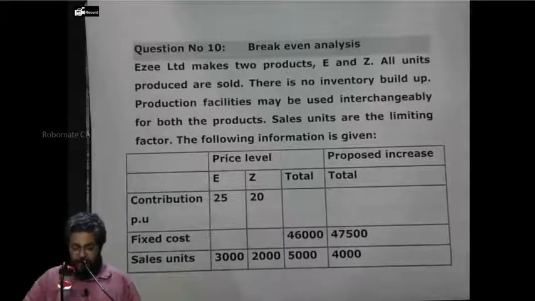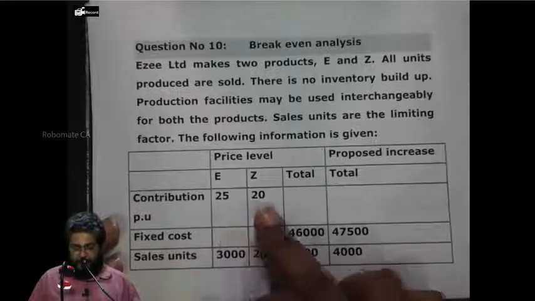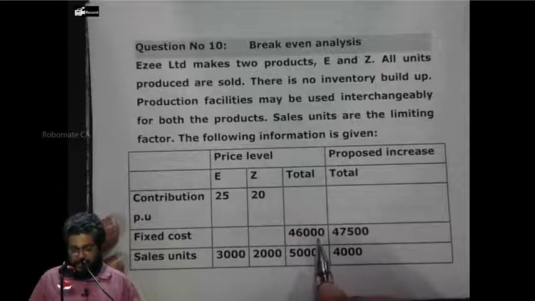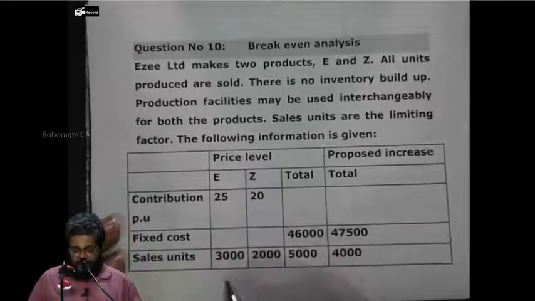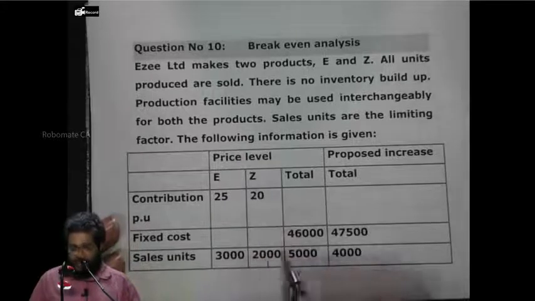Price level, E and Z contribution per unit are 25 and 20. Fixed cost, currently it is 46,000. At this price level and contribution, I will be able to sell 3,000 units of E and 2,000 units of Z, maximum demand, and the total is 5,000.